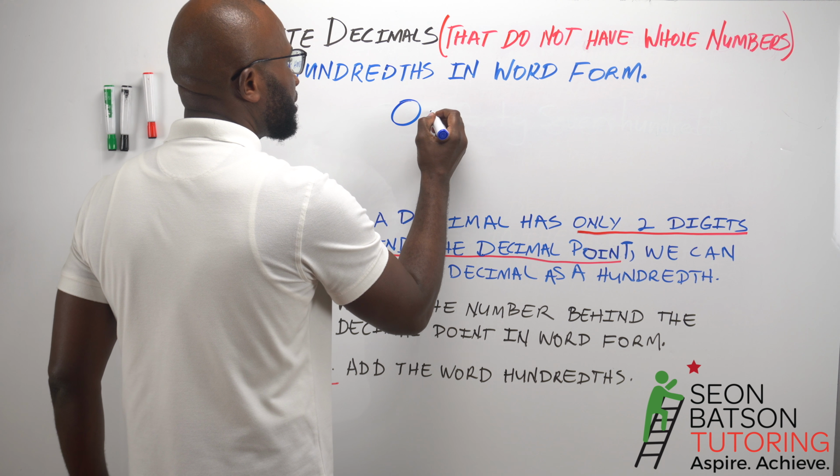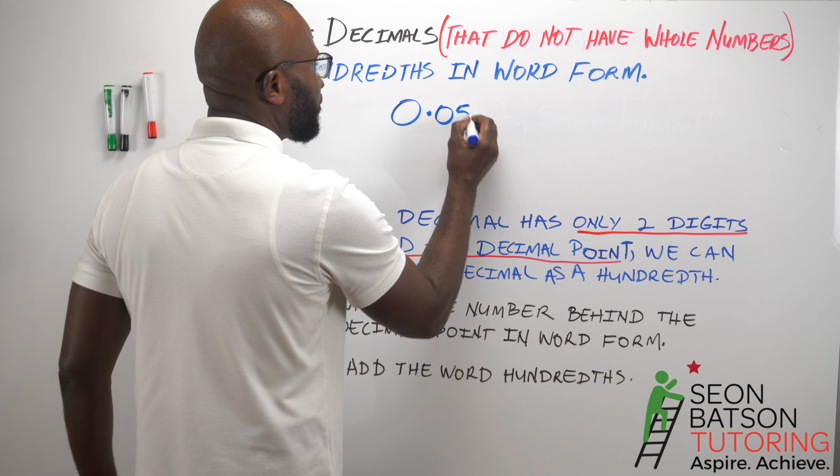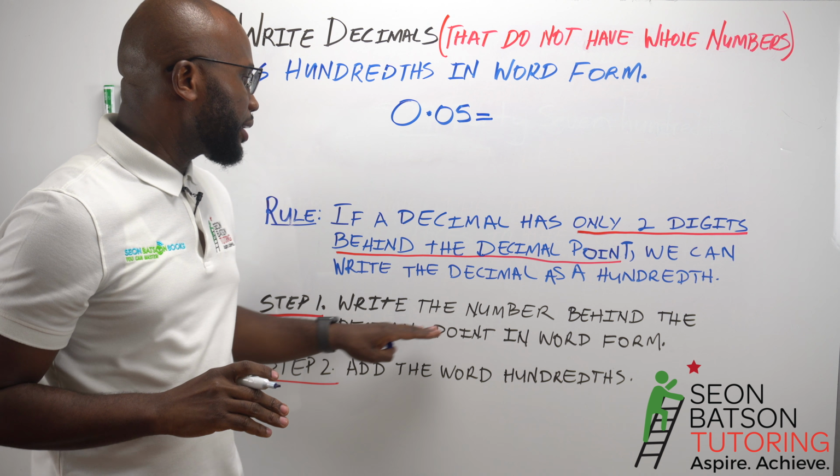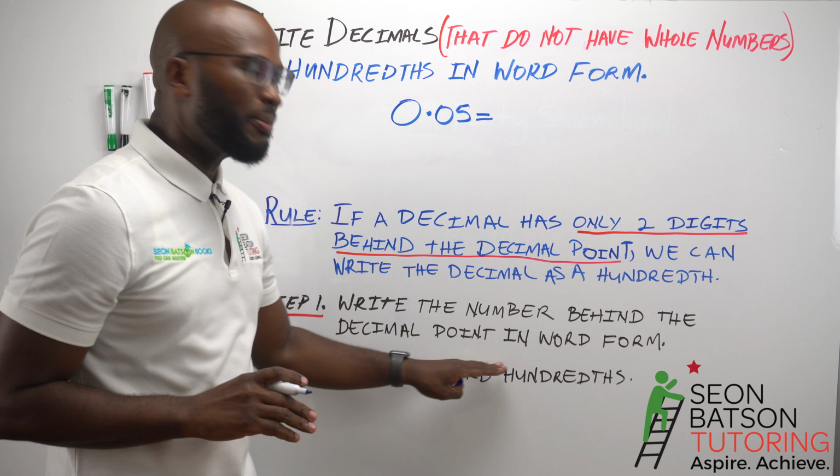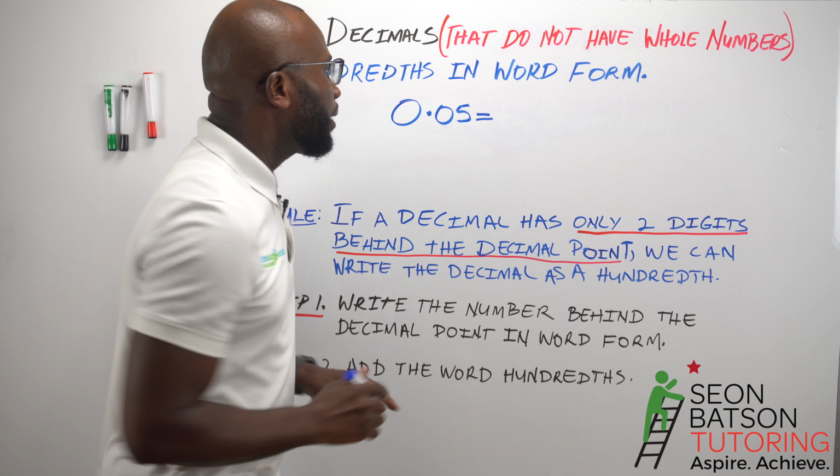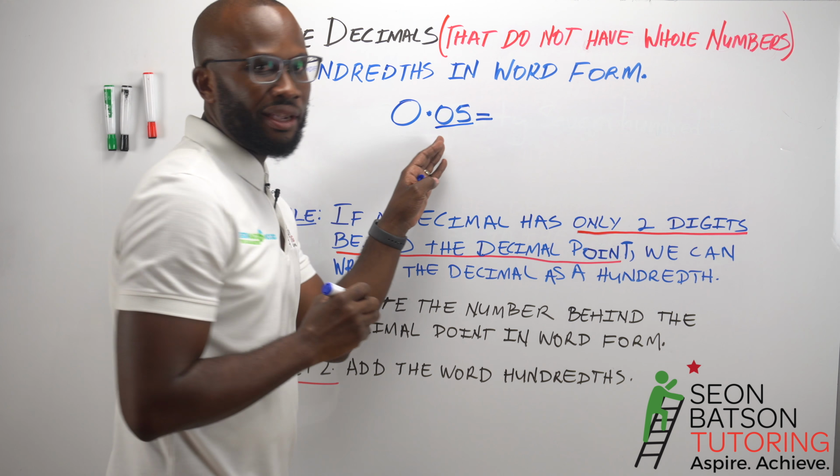Let's say we want to write 0.05 as a hundredth in word form. So again, remember the steps. Step 1, we will write the number behind the decimal point in word form. Now, behind the decimal point, we have 05, right?